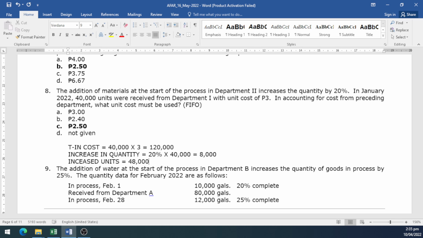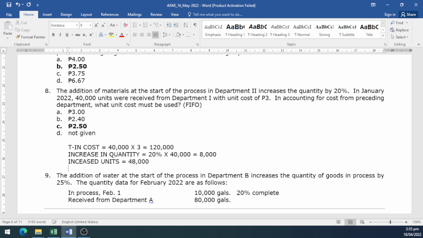Yung 120,000 na talagang cost ng 40,000 from previous department, i-adjust natin yung unit cost dito sa department number 2. So, adjusted transferred in cost will be 120,000 divided by 48,000 units.